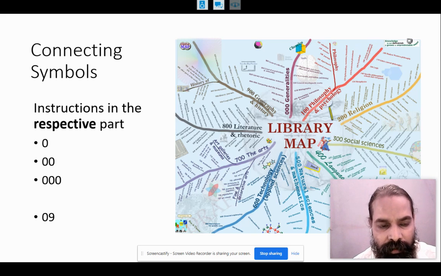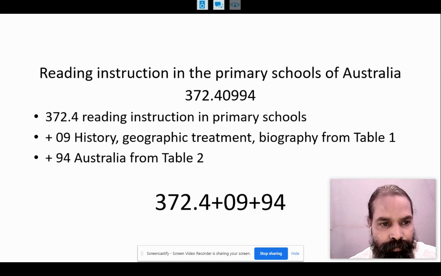We cannot use zeros as we wish. We have to follow the instructions given in the respective part of the schedule, and by following those instructions only, we have to use more than one zero. And for historical and other treatments, we use 09 as the connecting symbol.